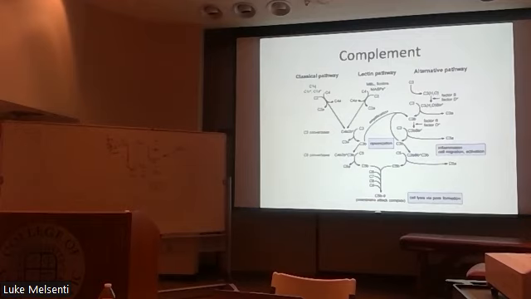And then that is going to be your new C3 convertase, and that's going to cause C3bBb, and then it's really two of these C3bs and then the Bb, and that's going to be a new C5 convertase, and then it's going to be the same thing. So C5 is going to split into C5a and C5b, and they go down the same pathway.